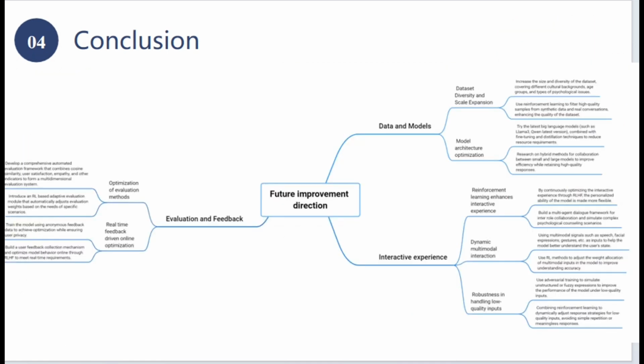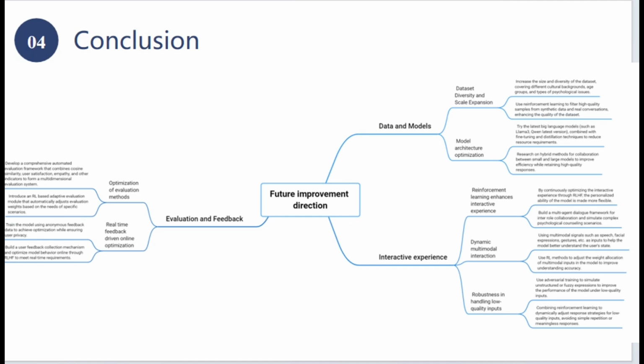And the next one is our future improvement direction. Our research improvement direction mainly focuses on data and model, interactive experience, and evaluation and feedback, three paths. On the dataset, we can increase its size and diversity, covering different cultural backgrounds, age groups, and types of psychological problems.